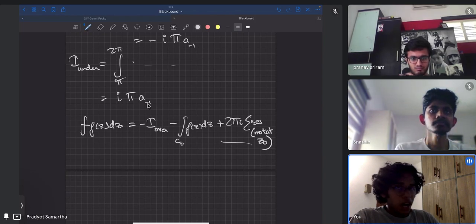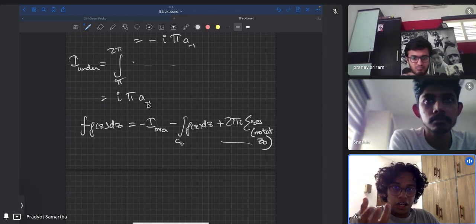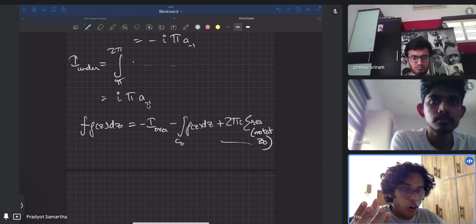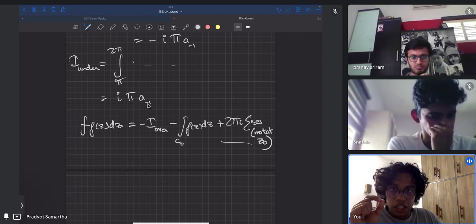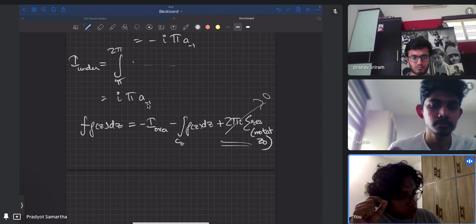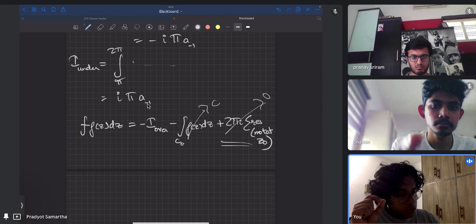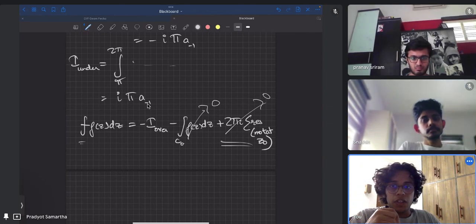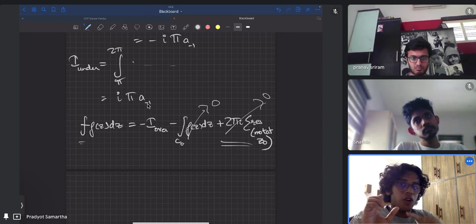So essentially, in a singularity-free contour with just one simple singularity at z naught, this will be 0 and this will be 0 because of Stokes theorem. So your principal value is equal to negative of I over. That's essentially half your winding number if you look at it.